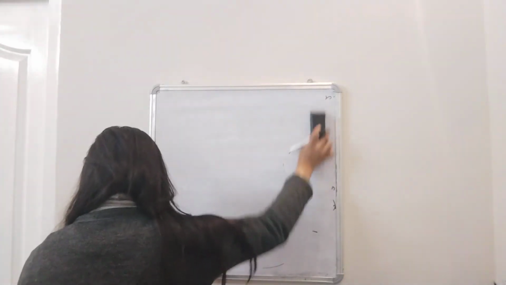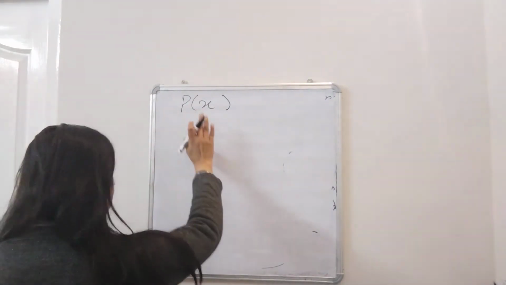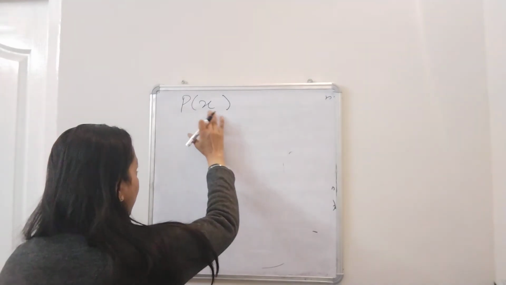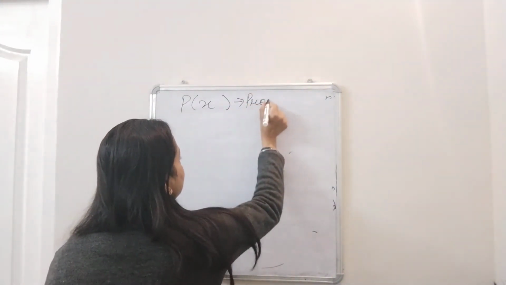So if p of x is said to be the value of the propositional function p at x, this is the propositional function, as I told you.